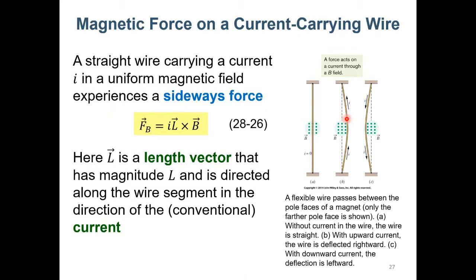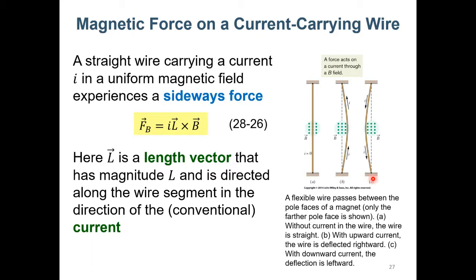Here we can see that, suppose the current is going to the top, which means L is also pointing upward, and B is pointing out of the page. So L cross B is pointing to the right, and the wire will bend like this.